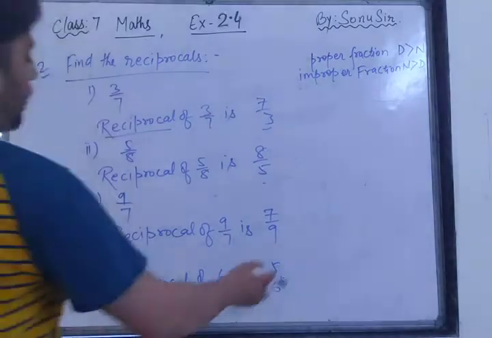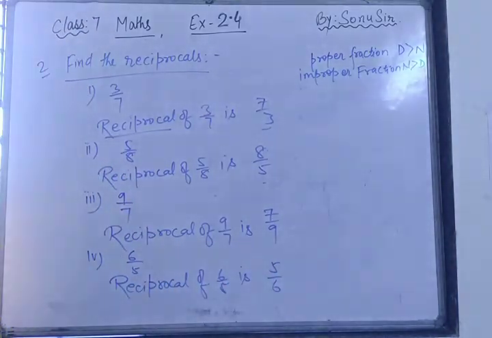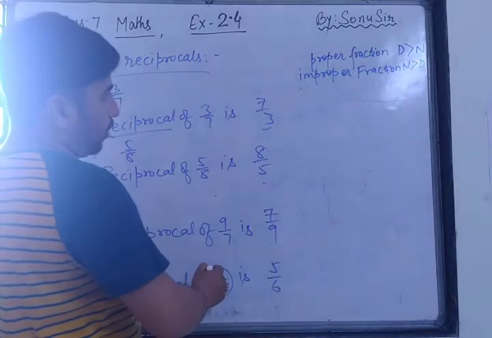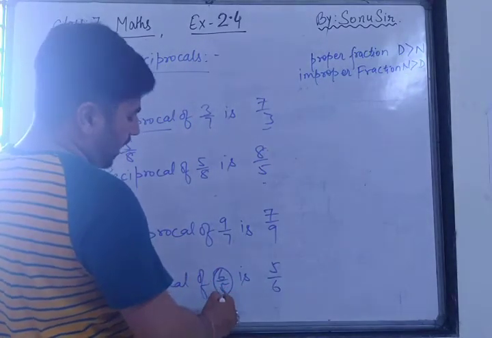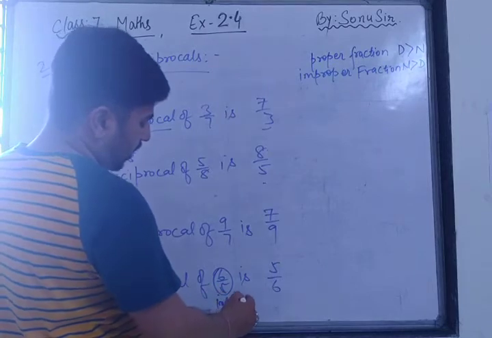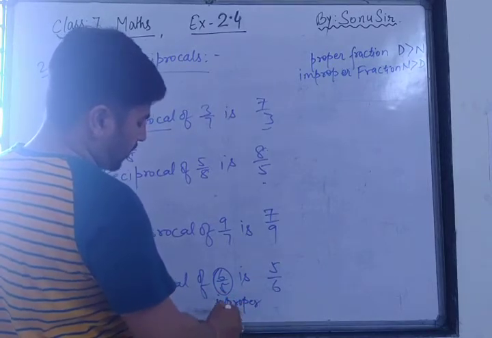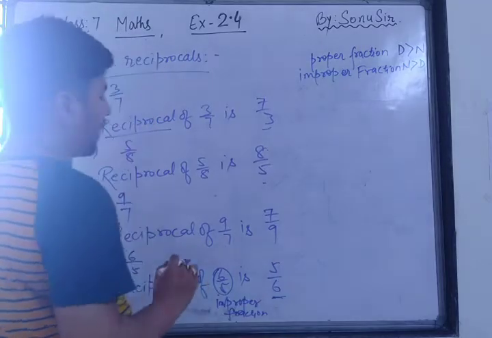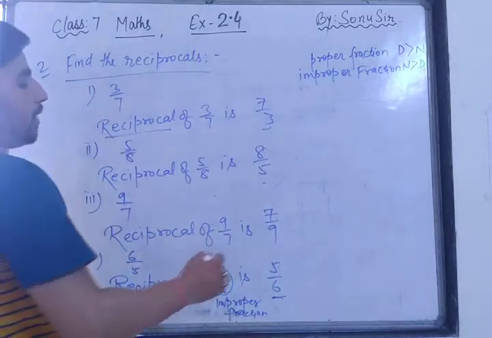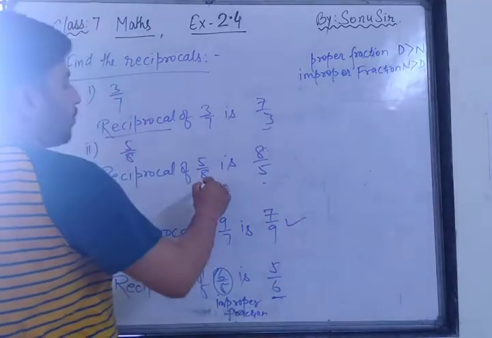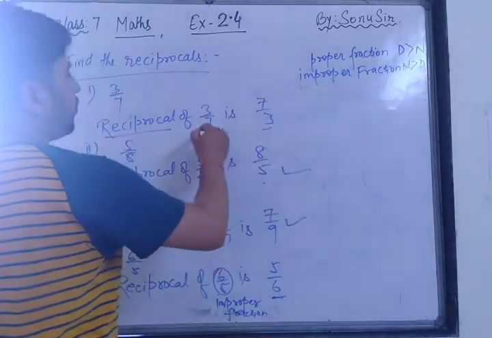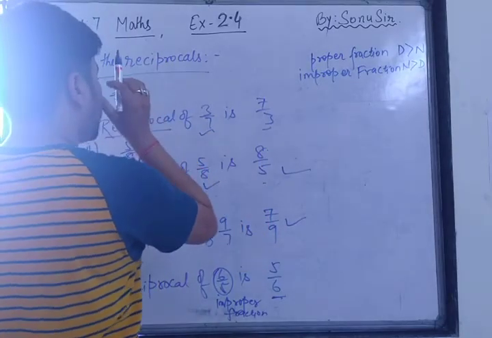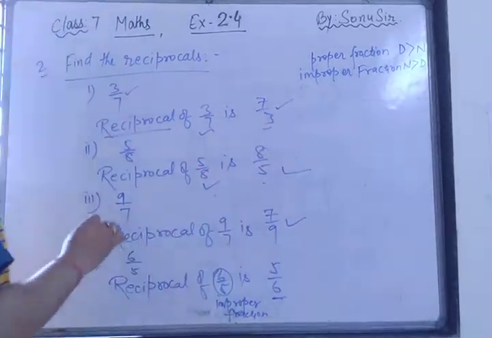And this 5 by 6 is proper. Improper to proper fraction and proper to improper. The reciprocal we have got is a proper fraction. So this was improper, proper; proper, improper. Got it?